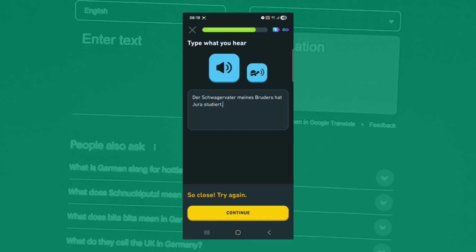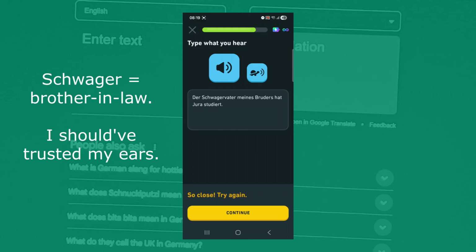So I think I've made a mistake with the spelling of Schwiegervater, but we haven't had that come up in this lesson before. So I was going off Schwieger, brother-in-law. So I'm going to look up on Google what father-in-law is.